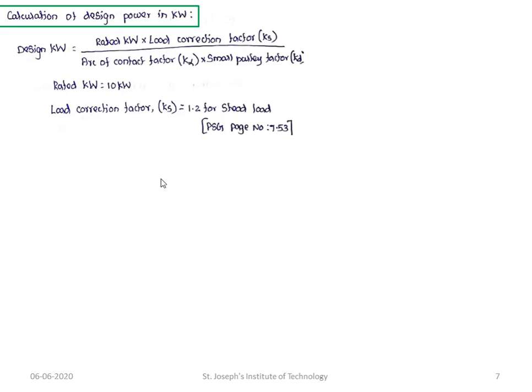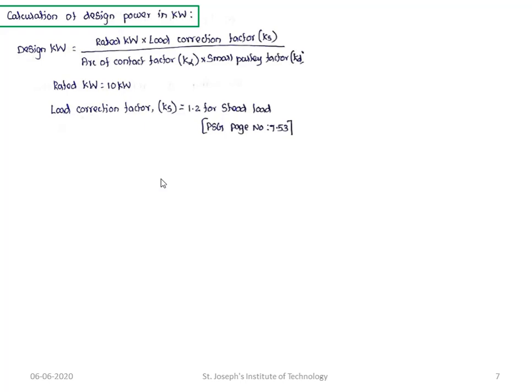Design power can be calculated by using the formula: design kilowatt equals rated kilowatt into load correction factor divided by arc of contact factor and smaller pulley factor. Rated power is the maximum power given as input to the motor. This depends on various factors such as the load correction factor, arc of contact factor and smaller pulley factor.